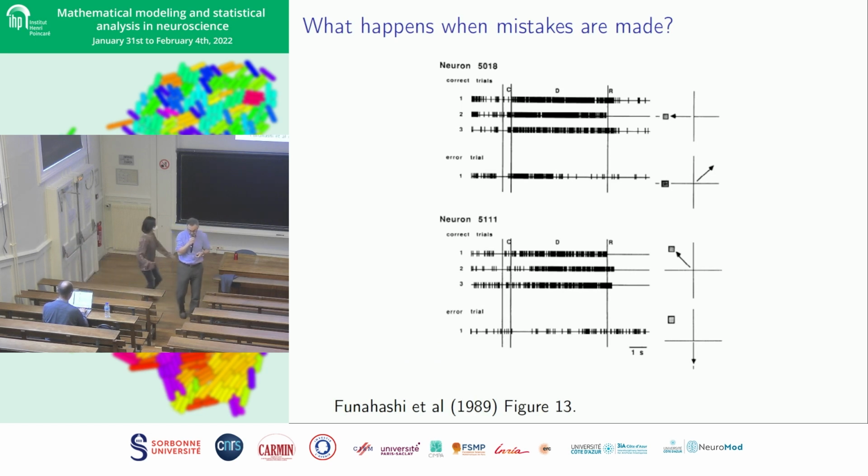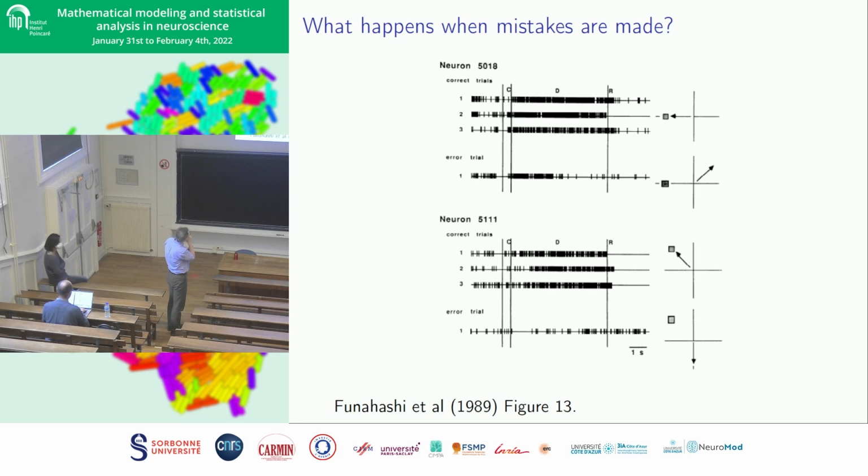What happens when the delayed sustained activity disappears? That's shown here in two examples. In the first three trials, the cue is on the west side, the activity persists, the signal comes, and the monkey does the proper saccade.